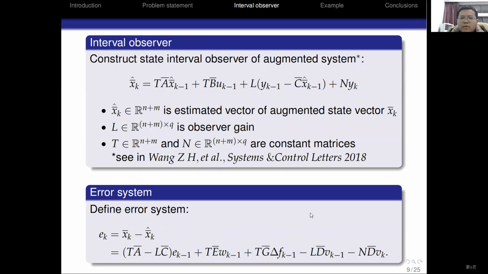Then we construct the state interval observer of the augmented system.